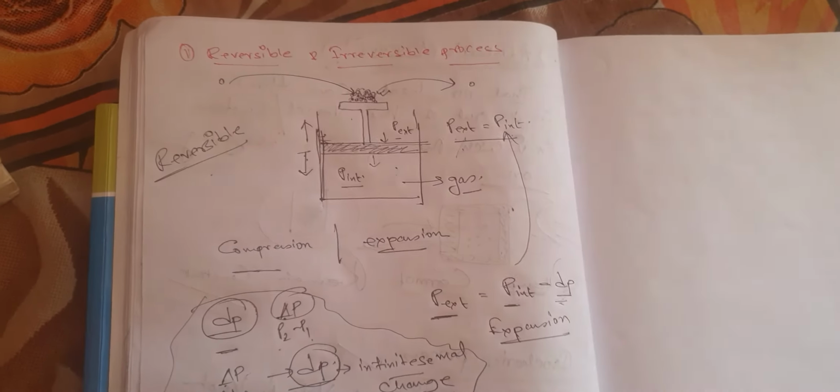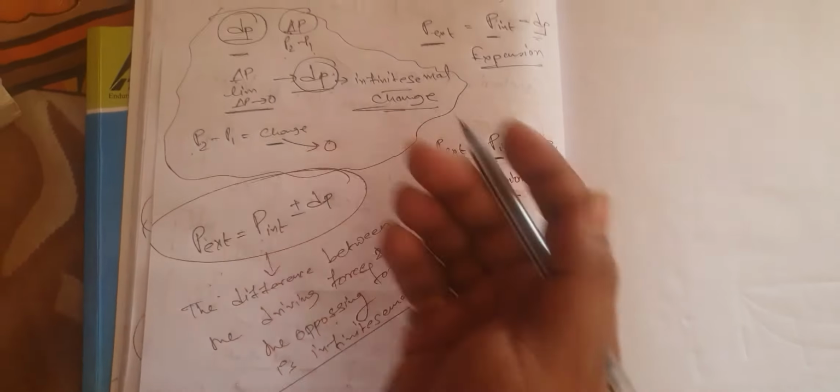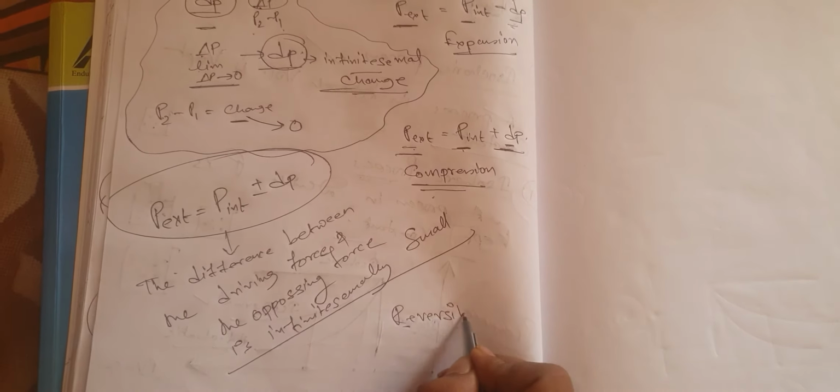Such a type of process going on is known as a reversible process.